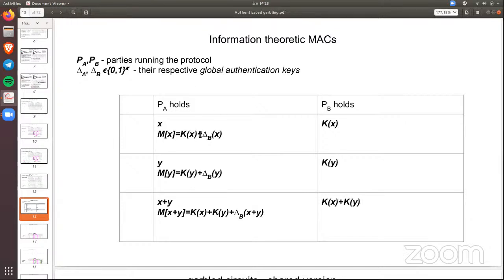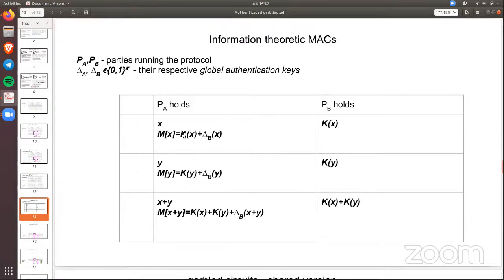So if you use K of X XOR delta of X, what does it really mean? Oh, the question is what is K?